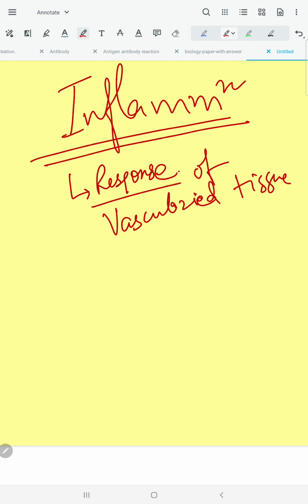Okay, so what you need to start with, inflammation is a response of vascularized tissue to response of vascularized tissue that deliver what?